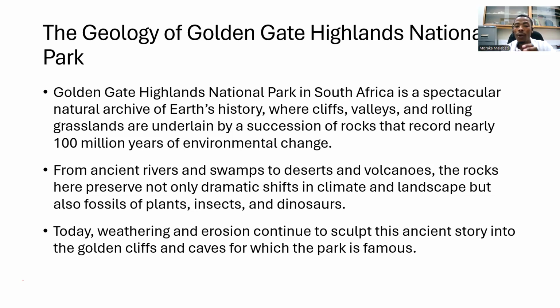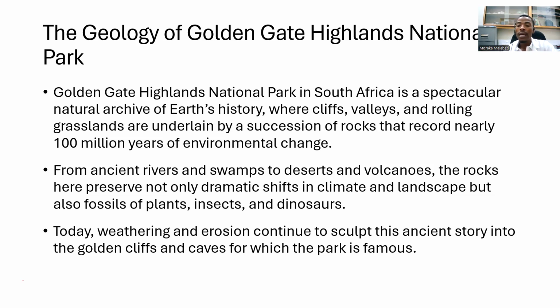It records early Earth information, from ancient rivers and swamps to deserts and volcanoes. You'll agree with me that the Karoo, especially the Stormberg, started with fluvial systems, into floodplains, and then we started to have the semi-arid into hyper-aridity.